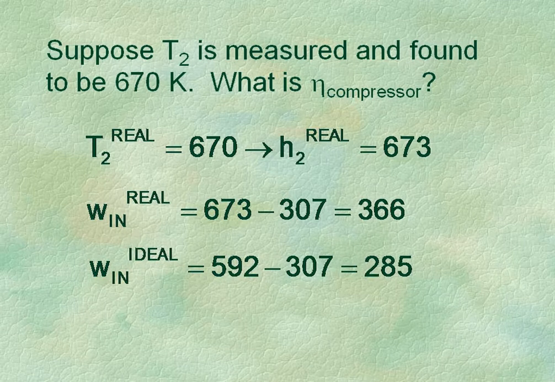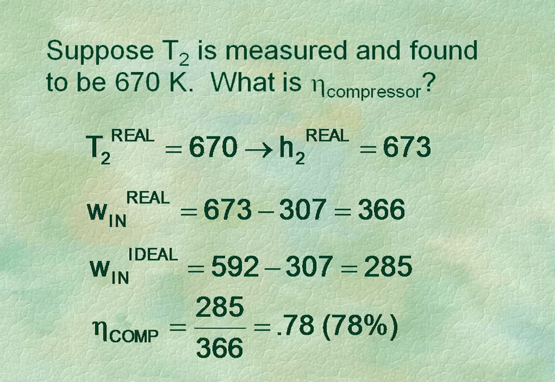The real delta H is 366. So for a compressor, it's the work that you might have done divided by the work that you actually had to do. So this equals work ideal over work real, and that gets you your efficiency of 78% for your compressor.